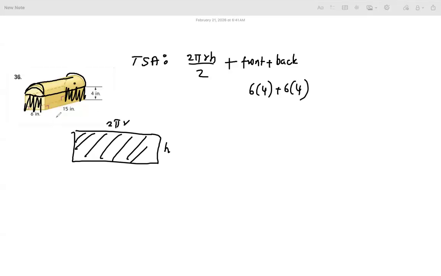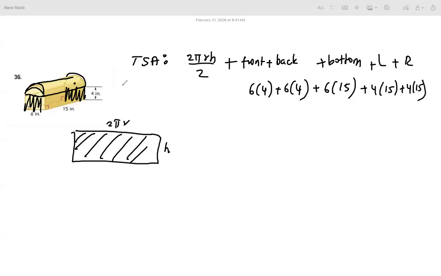Then bottom is 6 times 15. Right side is 4 times 15. Left side is 4 times 15. This is again 4 times 15.